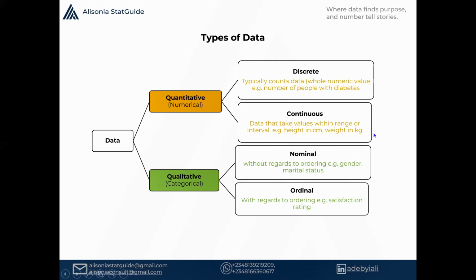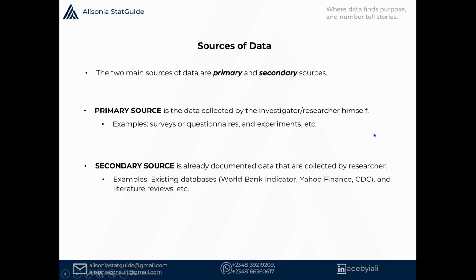So let's continue. Sources of data. I should not talk about this here, but let's just brief it. There are two main sources of data, primary and secondary. A primary source is data collected by the investigator himself, that is when you go to the field to collect your own data yourself, without documenting it from another source.